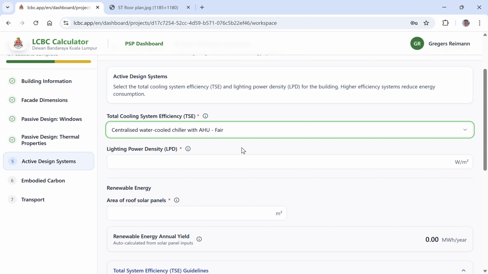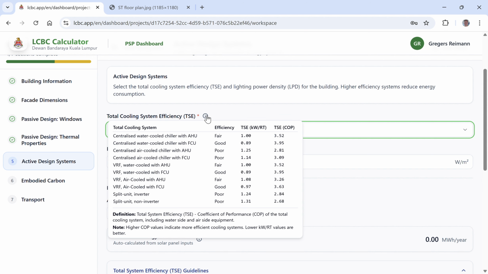It will just choose a medium number of efficiency, which is shown in this table. So in terms of kilowatts per ton refrigerant, it has a total system efficiency of about 1. If you use the COP, the coefficient of performance, then the total system efficiency is about 3.52.